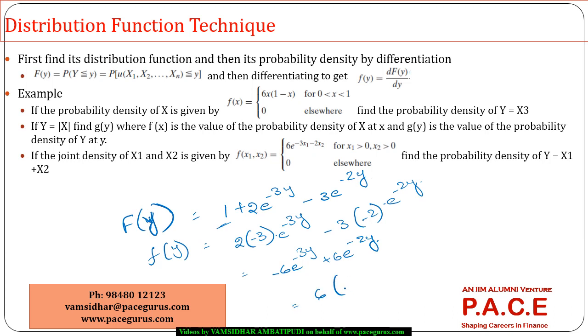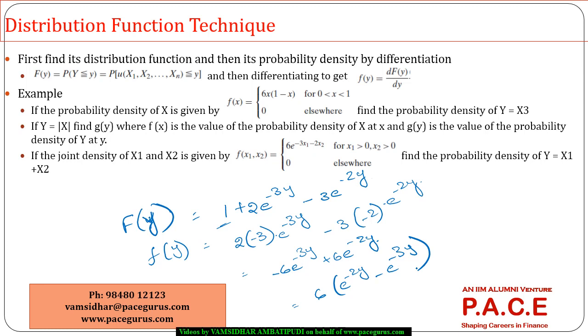I can very well write it as 6 times e to the power of minus 2y minus e to the power of minus 3y. So this is the density function that is coming out, based on the joint density function for x1 and x2.